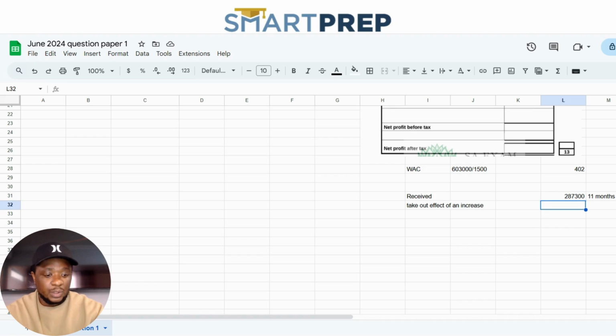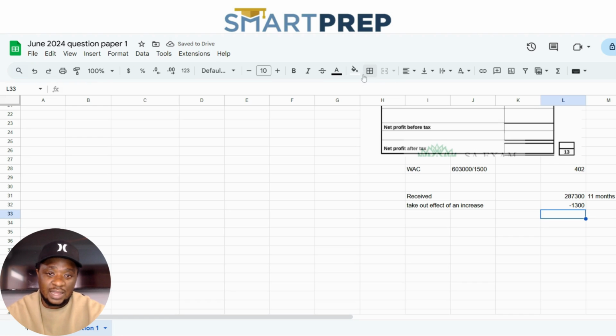So we just need to do 1,300. Now, if the rent had increased 2 months ago, it would have been 1,300 times 2 that we need to subtract from that 287,300, but it's only 1 month in this case.